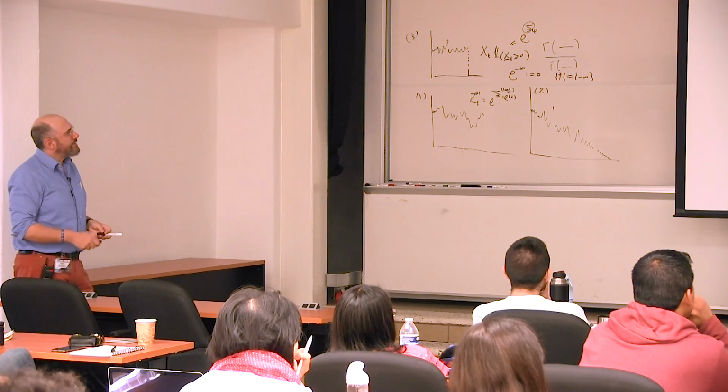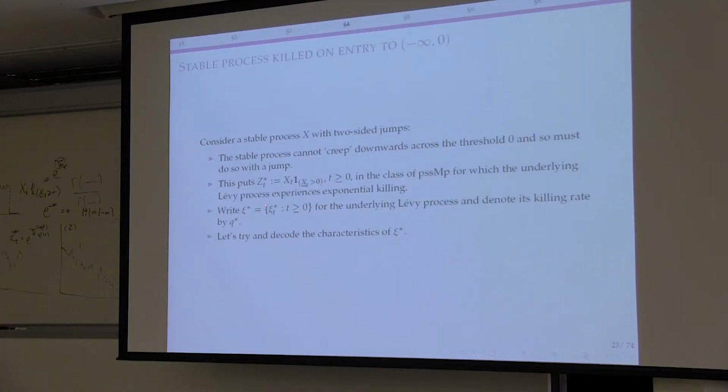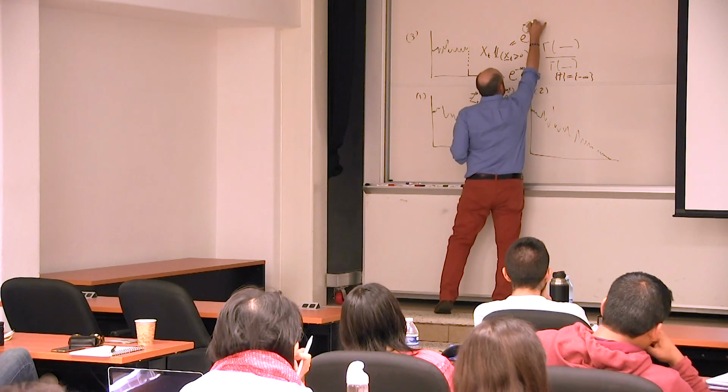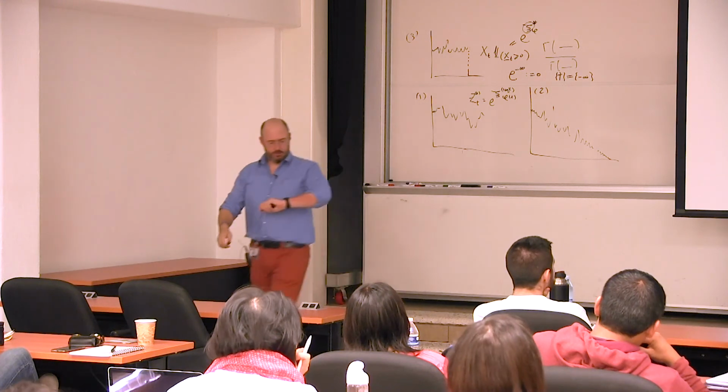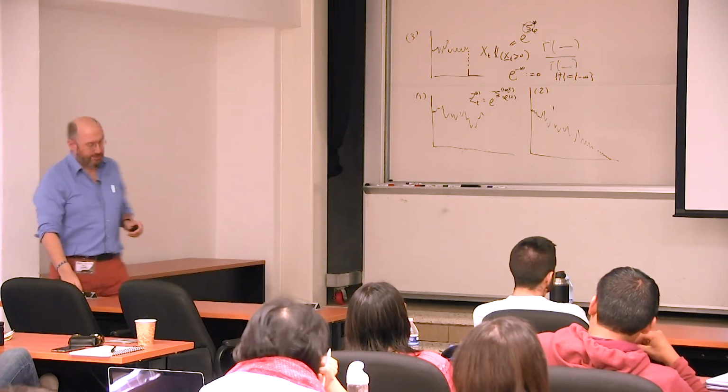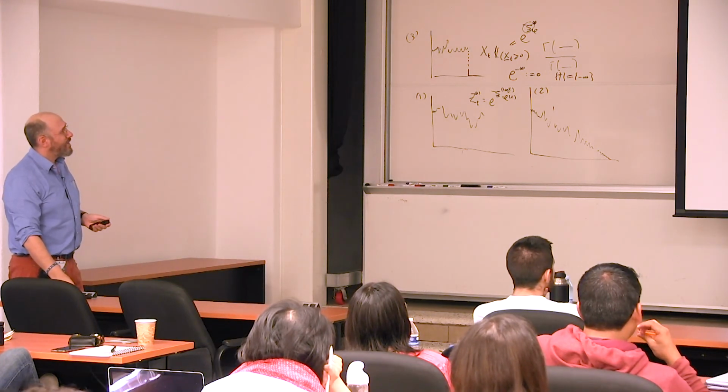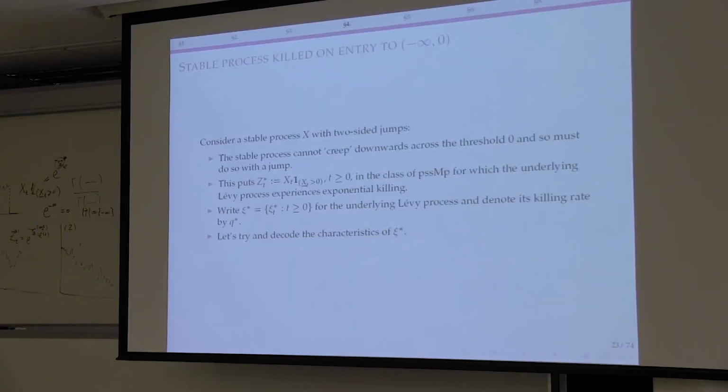Okay, so I'm claiming that inside this self-similar Markov process by the Lamperti transform, there is a Levy process. By Lamperti's theorem, it's called Xi star. And I think in my next lecture, I'm going to work out what Xi star is explicitly.